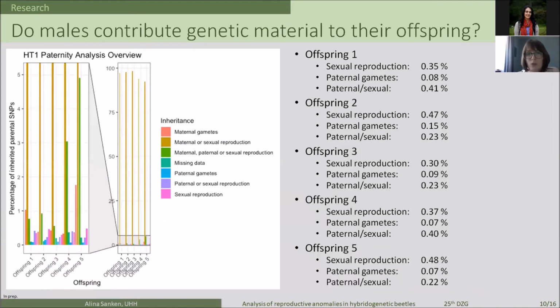So we still have one inheritance type left, which is either paternal or sexual inheritance. For this, the program called 5 SNPs, all with a high likelihood, and a mean of 0.3%.